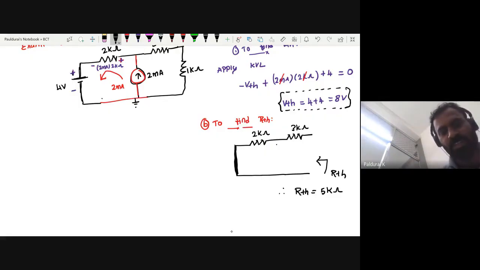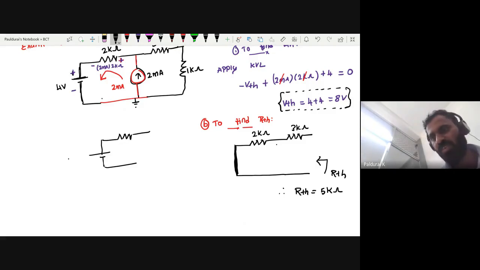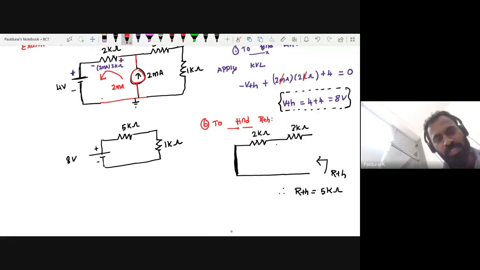So what is the Thevenin equivalent circuit? VTH in series with RTH, where VTH you know is 8 volt and RTH you know is 5 kilo ohm. Then connect this 1 kilo ohm as the load. So now this is my Thevenin equivalent circuit.